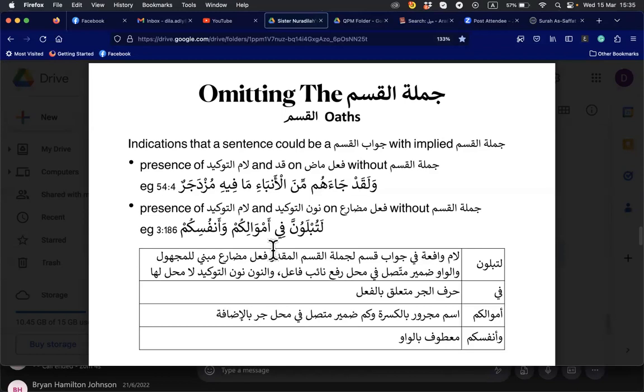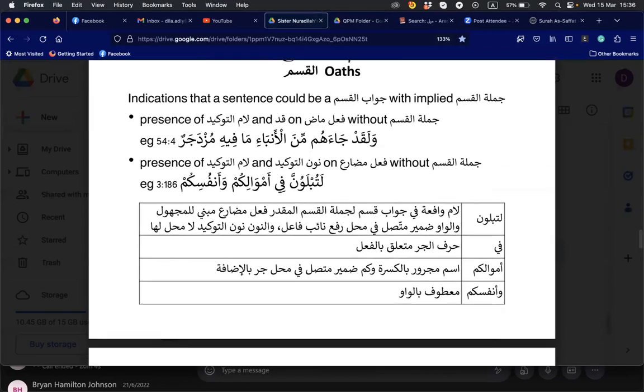Others you might see differently; some Arab books just say lam taukid, basically. They don't say this is a jawabul qasam. So the difference is going to be there. This is what you might see. Clear, inshallah? Sister Adila, yes.